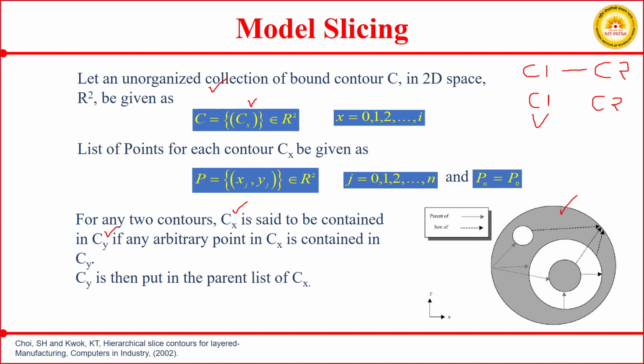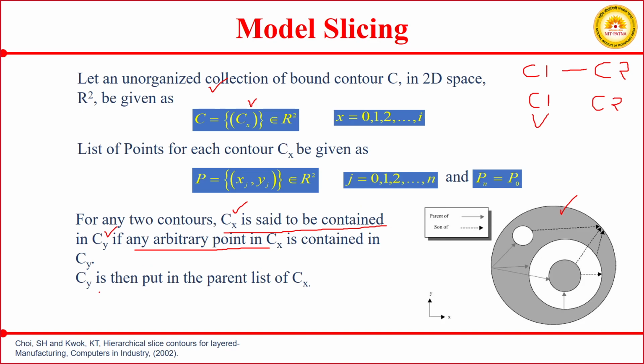For this, what we have to check is that Cx is said to be contained in Cy if any arbitrary point in Cx is contained in Cy. It means all the points in Cx are contained in Cy, then we can say Cx is contained in Cy, or you can say Cx is son of Cy.